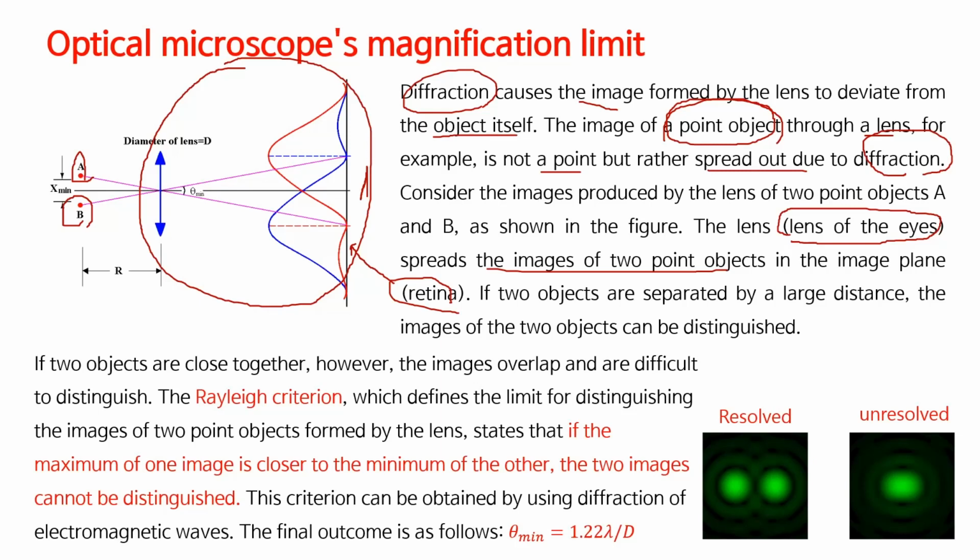If two objects are separated by a large distance, then the images of the two objects can be distinguished in the image plane here. If two objects are close together, however, the images overlap and are difficult to distinguish.